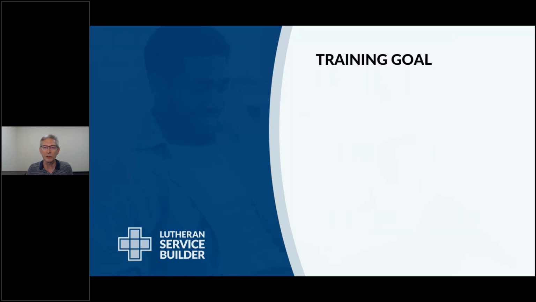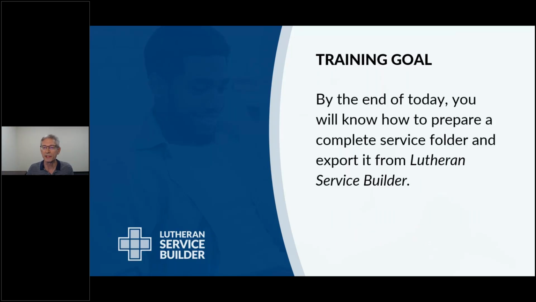All right, our training goal today is by the end of today, you will know how to prepare a complete service folder and export it from the Lutheran Service Builder application.